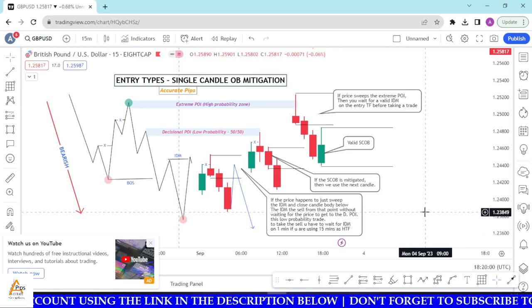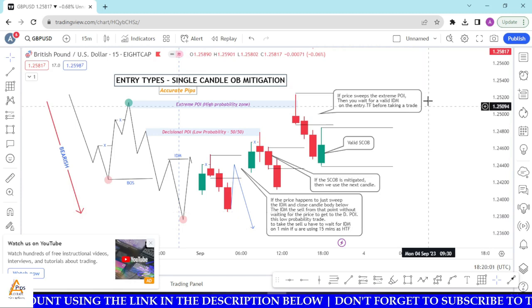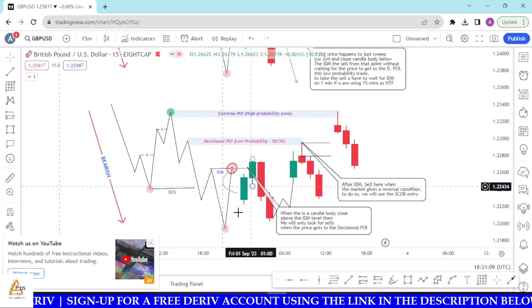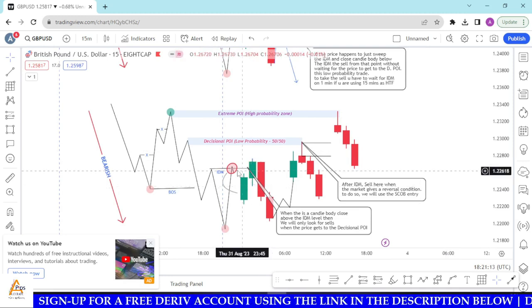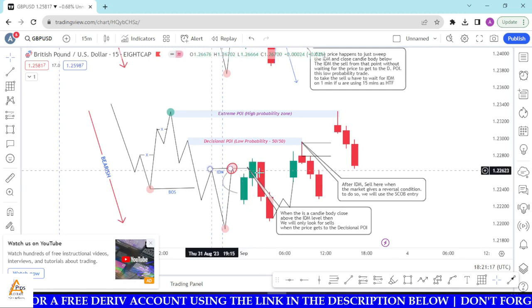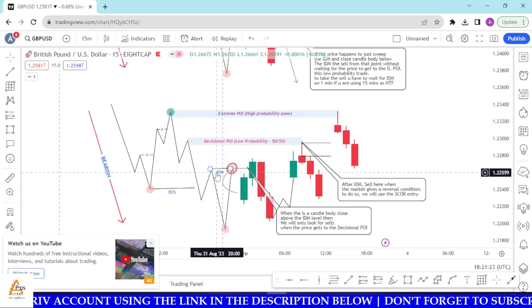Okay. Now let me explain another thing. Let me scroll up to the second diagram. Okay, so this is what I wanted to explain. Let's say your inducement, but this time you see the candle body closed above the inducement. It was the candle body that took out the inducement.